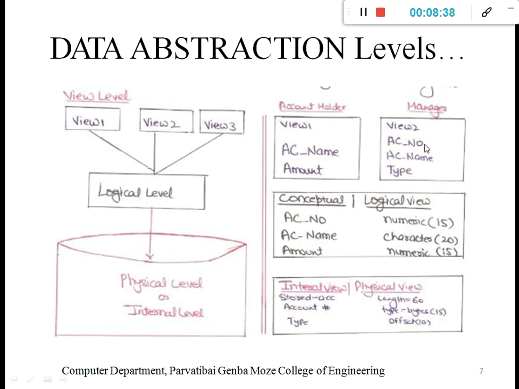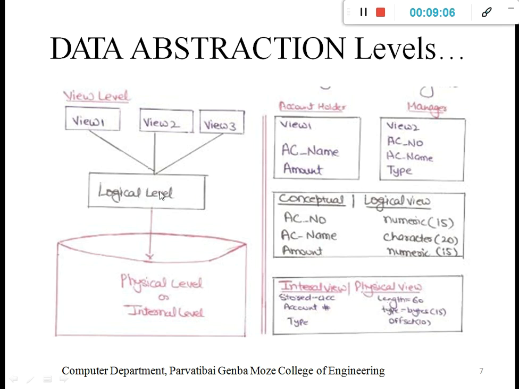Another view comes with a role, the administrative view. These come under the view level. It is the highest level of abstraction because it sits above the logical and physical views. This level does not care about how exactly the logic works, or how exactly the data is physically stored.